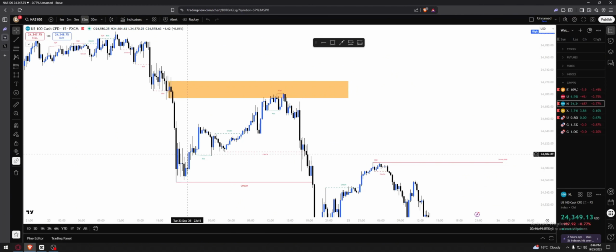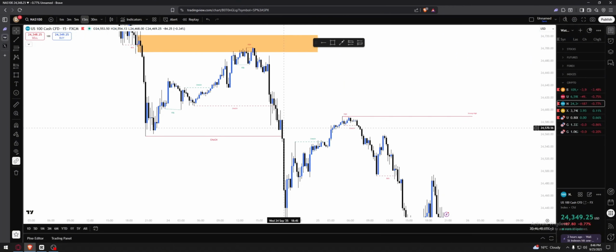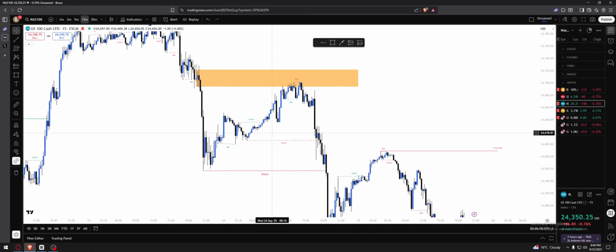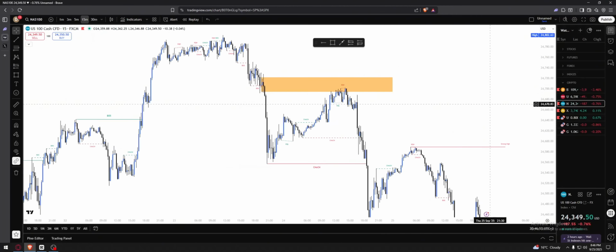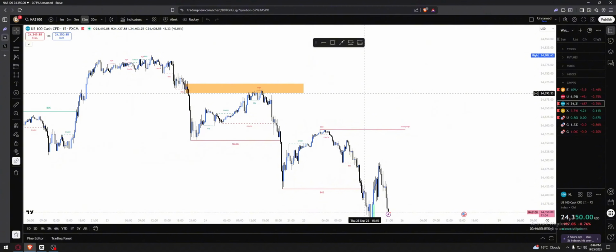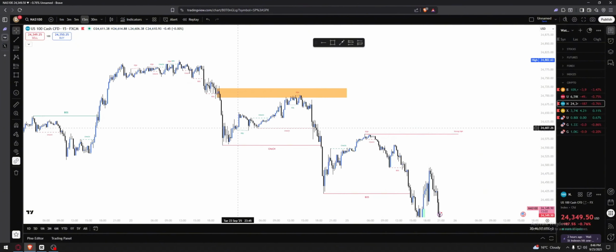Every time they sell here, they are going to come back into the same zone, and then we are going to sell again. So this is practically everything you need to know about this.